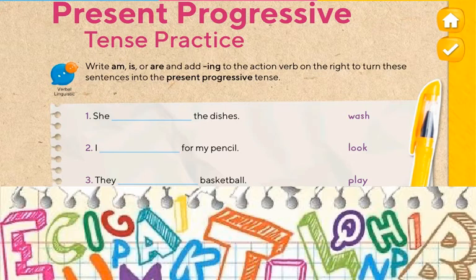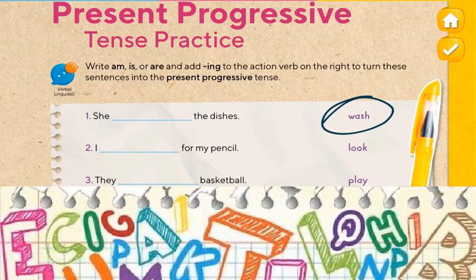Number 1, she the dishes. The action verb for number 1 is wash. So we need to add the ing to wash. So it would be washing.